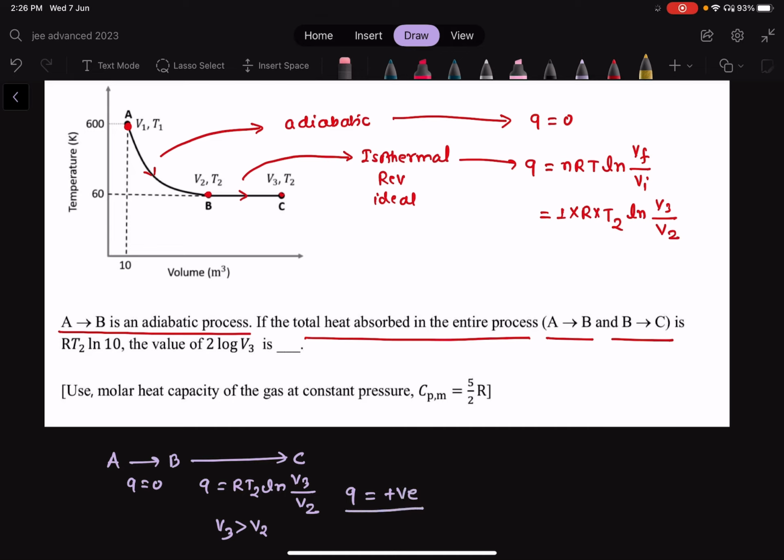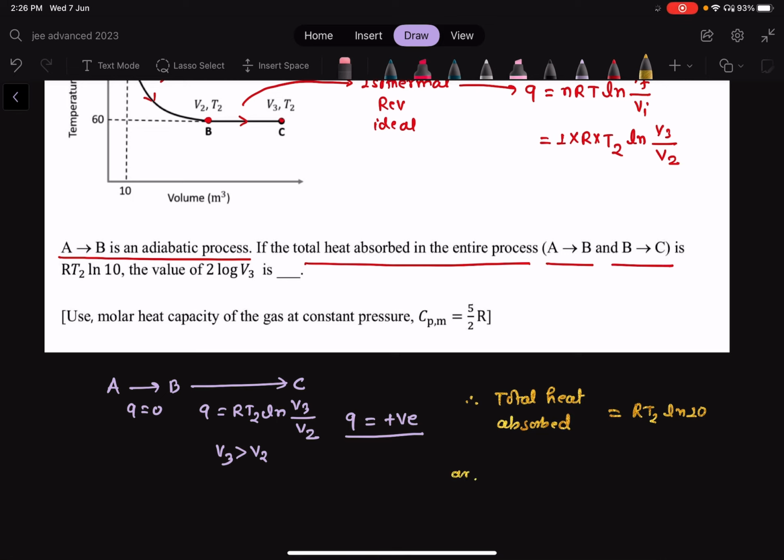So according to the question, total heat absorbed is equal to RT2 ln 10, and we have total heat absorbed from A to B and B to C, so that is 0 plus RT2 ln V3 by V2. So RT2 and RT2 will get cancelled. From there we can get the value of V3 by V2.